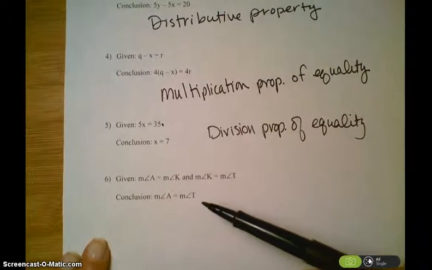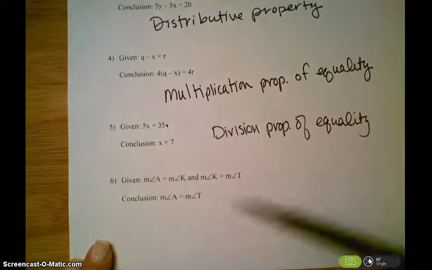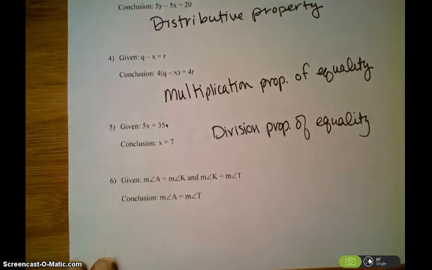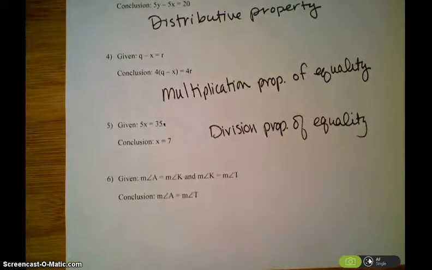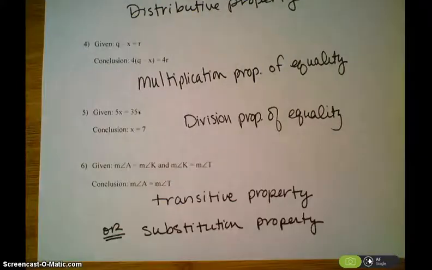Okay, for number 6, angle A equals angle K. Angle K equals angle T. Conclusion, angle A must equal angle T. Okay, for this last one, either answer is acceptable.